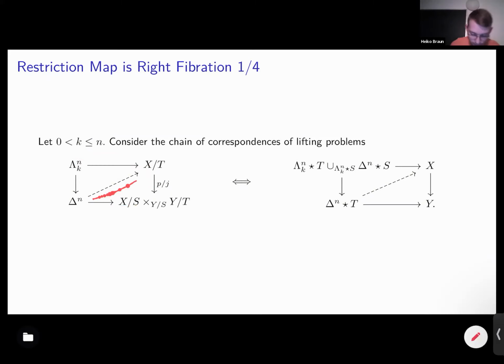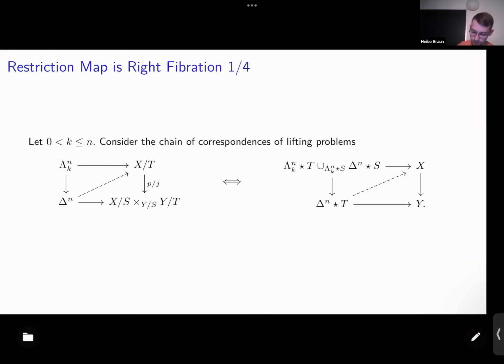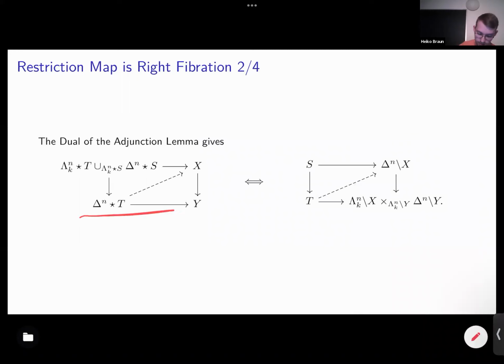Now, the first thing we can do is use the adjunction lemma from before to transform this diagram into this one. The whole lifting problem is transformed to this one, and it's equivalent to the one on the left. And now we copy this left-hand side to here and adjoin it back.